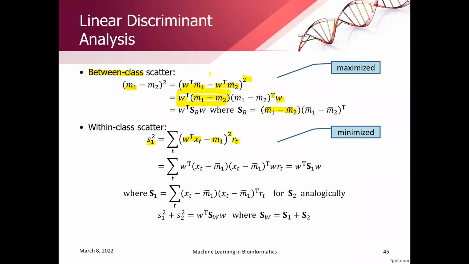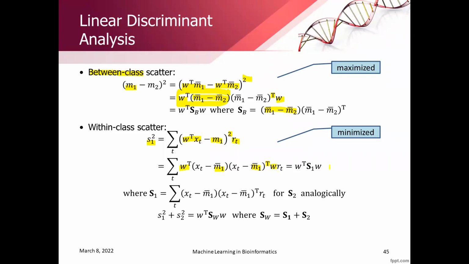And this can, similarly as above, be rewritten in the form of W transposed times x^t minus the original mean of the first class, x^t minus the original mean of the class transposed, times W, and r^t remains there.